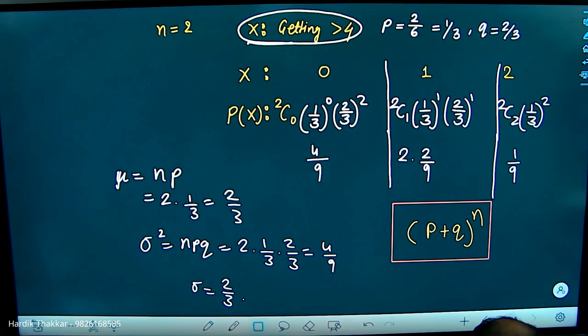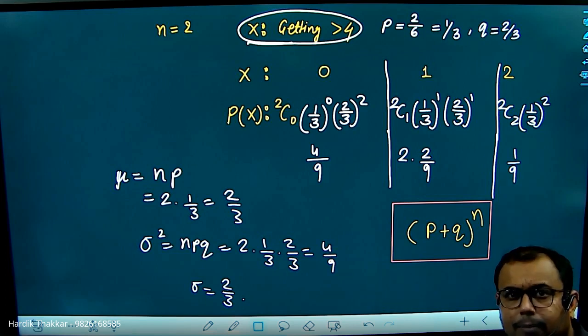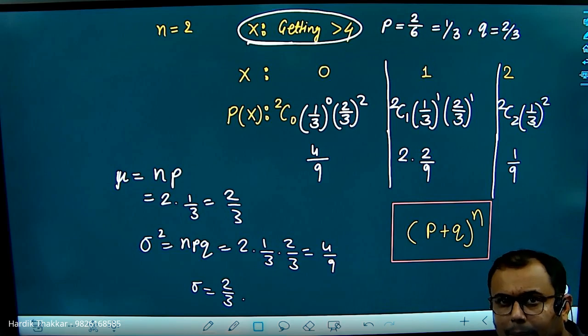First, you have to find n. What is the value of n you are getting? Sir, 6. Okay. Now you have to find the probability of X less than or equal to 5, correct? That means probability of 1 plus probability of 2 plus probability of 3 up to probability of 5. That will be 1 minus probability of 6.